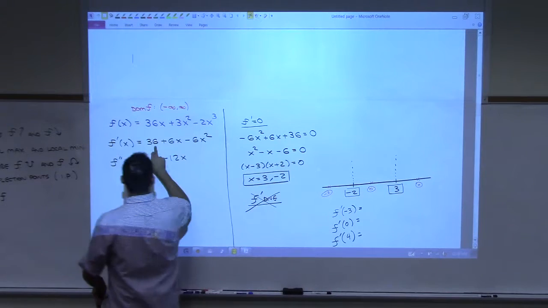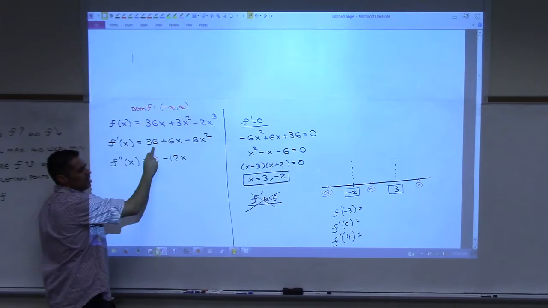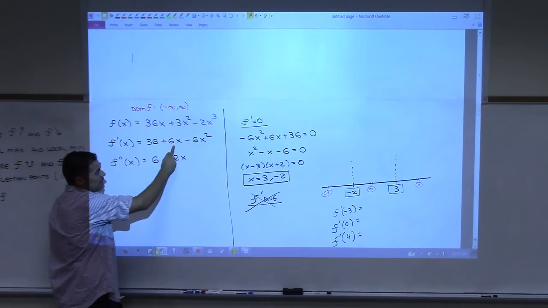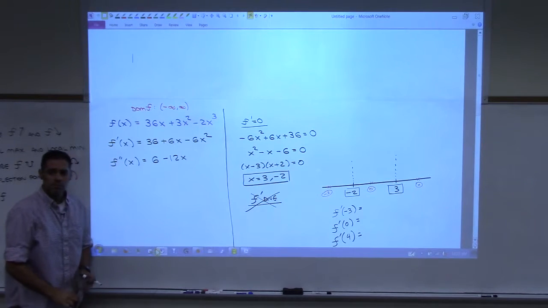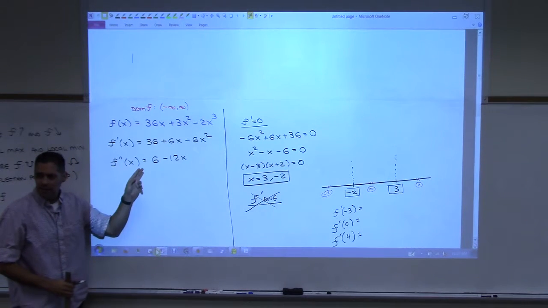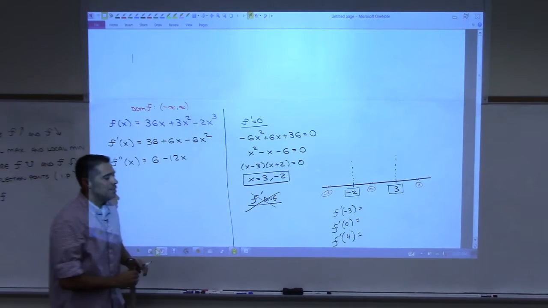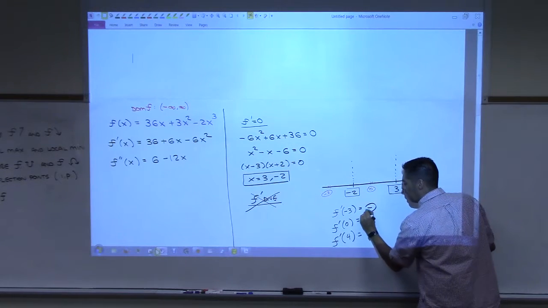Make sure you're going into the derivative. So I have 36 minus 18, which is 18. -3 squared is 9, -6 times 9 is -54. So it's going to turn out to be negative at the end of the day. So this gives me a negative number. I'm going to put a little negative with a circle around it.